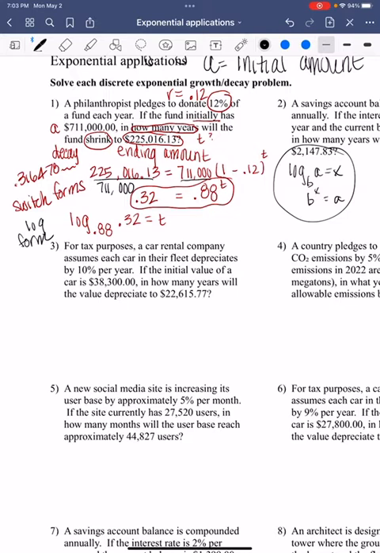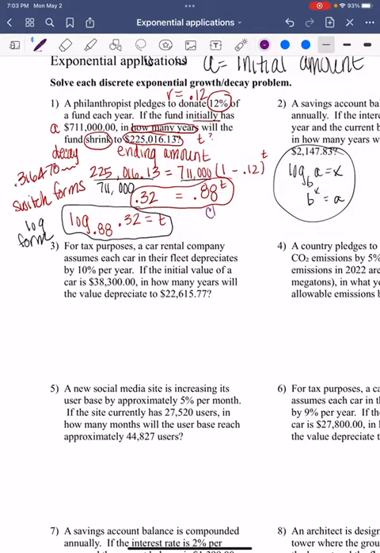Okay, great. So I have this answer, but this answer really means nothing to me. I don't know, what time is that? I need a much more concrete number, I guess. So I can plug this into my calculator, but only sort of. Remember the change of base formula.